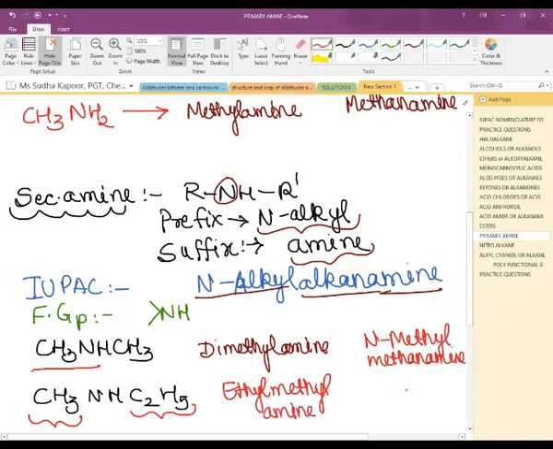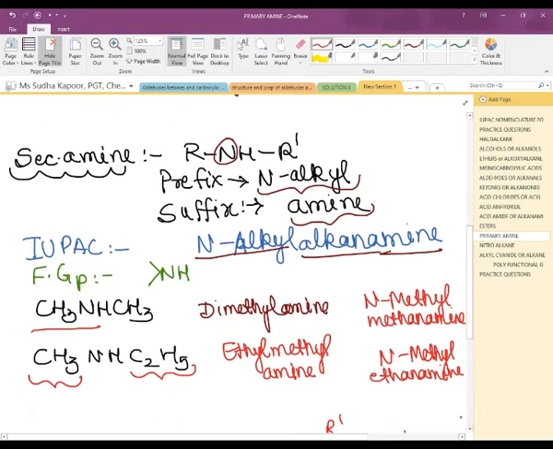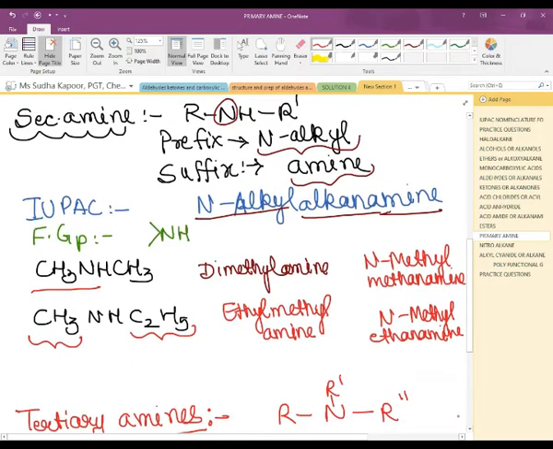And in the IUPAC system, we will call it N-methyl. The smaller one is known as the N-methyl part, and the parent is ethanamine: N-methyl ethanamine.